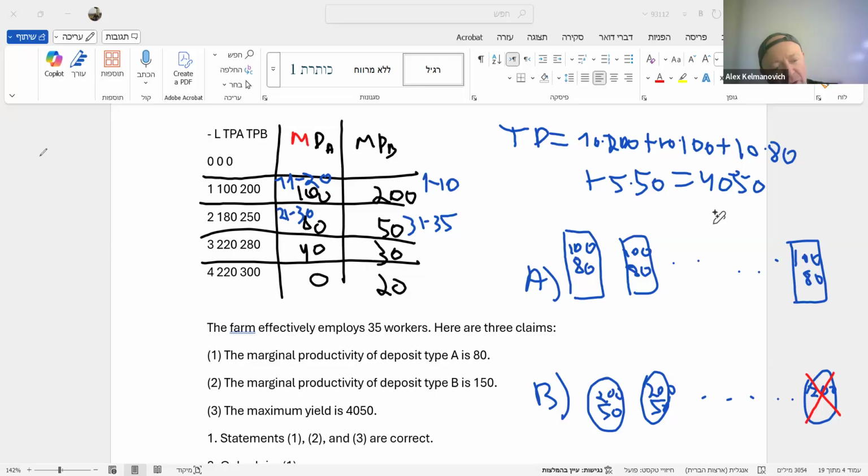What is the best place for him? Again 50, of course. I have many free places of 50. So the difference between the original 200 and the new 50 is 150. So the second statement is also correct. So the final answer here is statements 1, 2, and 3 are correct.